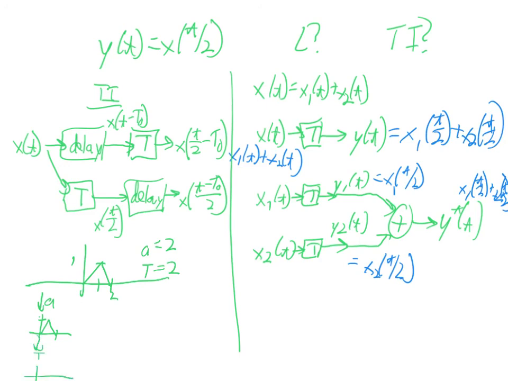So I take that and it starts at 2 seconds instead of at 1 second. Now here I do things in the opposite order. I do the delay first. So I delay, and my original signal now is going to, instead of starting at 0 and ending at 2, I add 2 to that, so it'll start at 2 and end at 4.